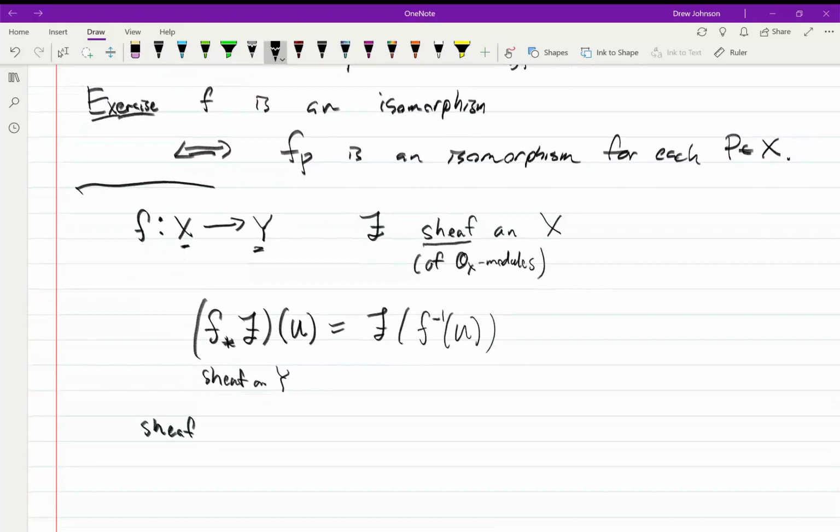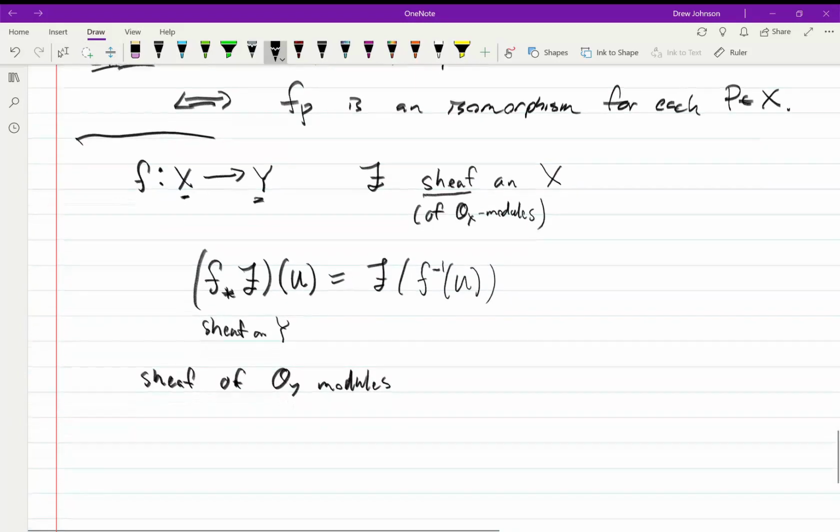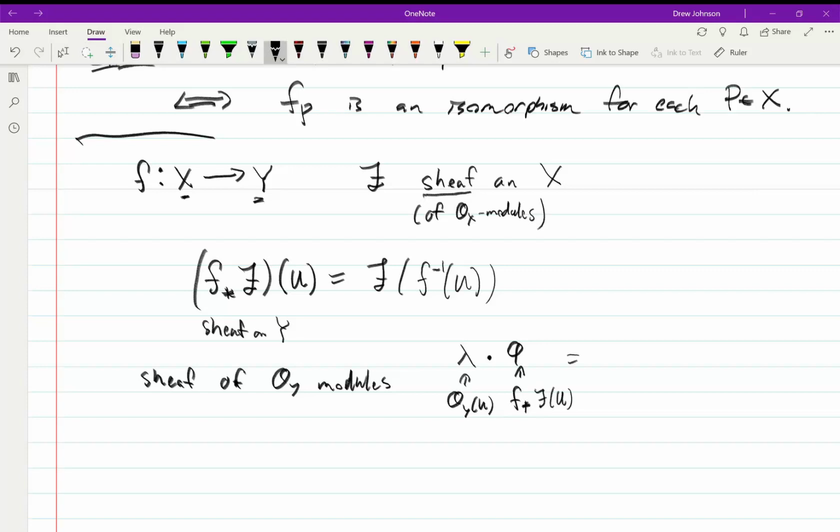All right, and the nice thing about this is that this is actually a sheaf. It's not just a random sheaf, but it's a sheaf of O_Y modules. So how does that work? Well, let's think about how we can define the action. So let lambda be something in O_Y(U), and it's trying to act on something in the pushforward sheaf. We'll just define that action to be, well, we can pull back lambda.